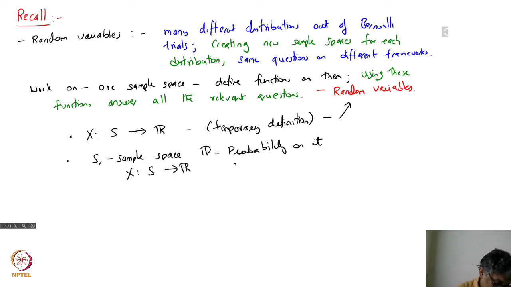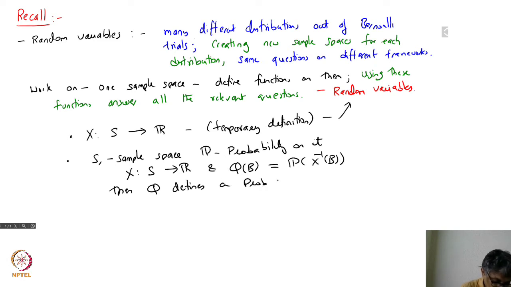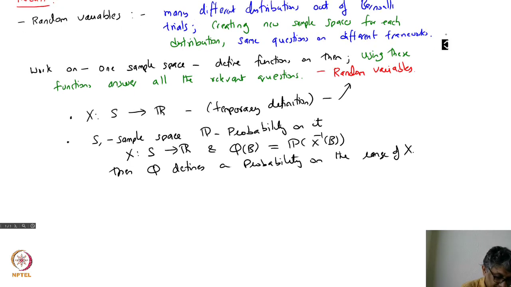You look at Q of an event B on the real line as the inverse image of the events given by X, then Q defines a probability on R, on the range of X. And that's one thing we discussed last time.